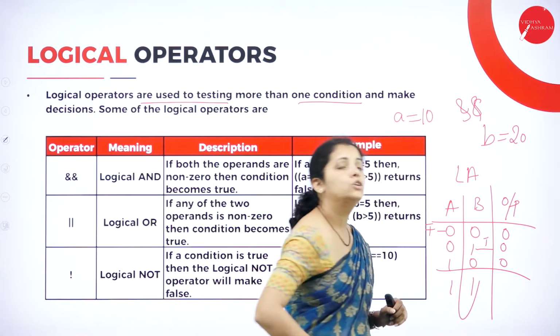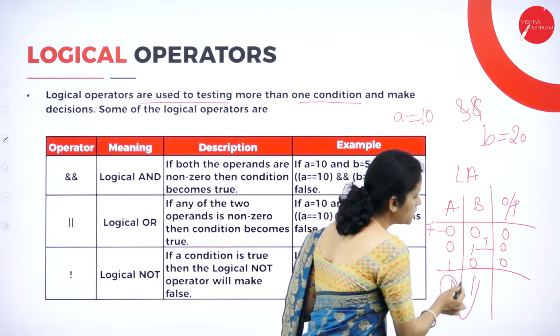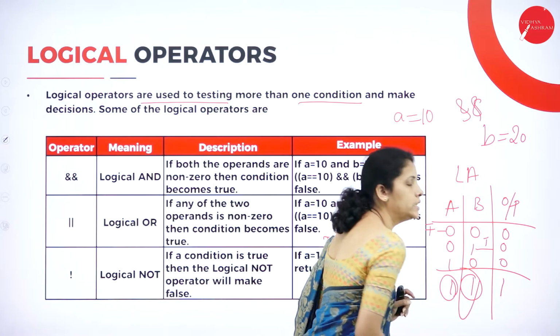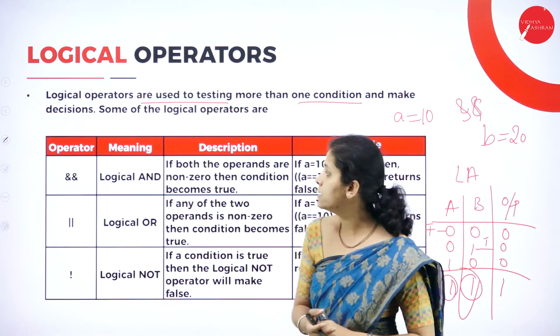I'm going to get a true output only when both the inputs are true. This is all about the logic.